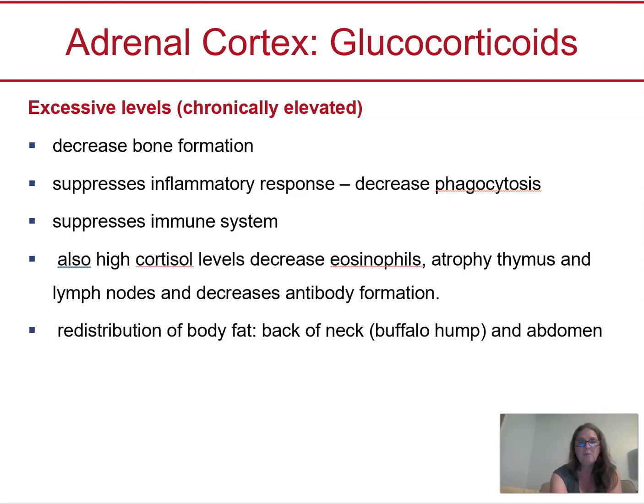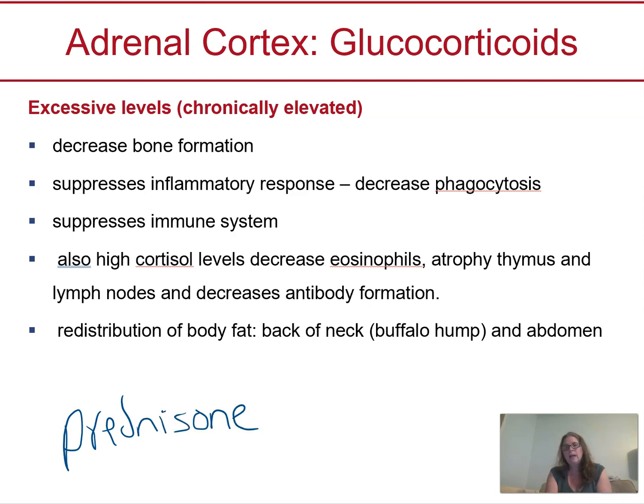You might have heard of prednisone, which is basically cortisol because it's anti-inflammatory. And so sometimes if you have a condition like an autoimmune condition, you might take prednisone daily. So you could also have excessive levels, not just from stress, but if you're on medication that raises it, like prednisone, some sort of immune suppression medication.